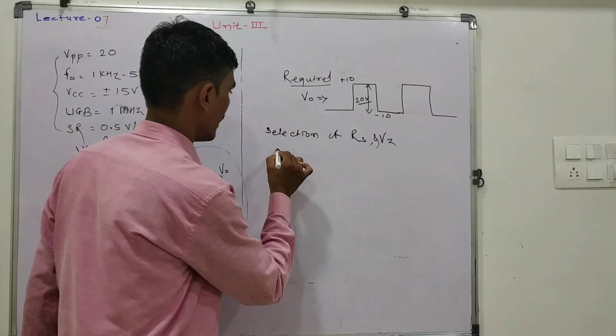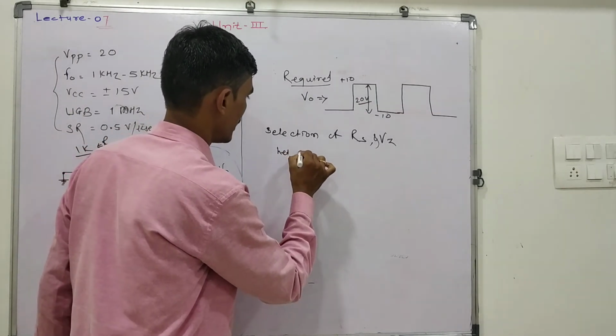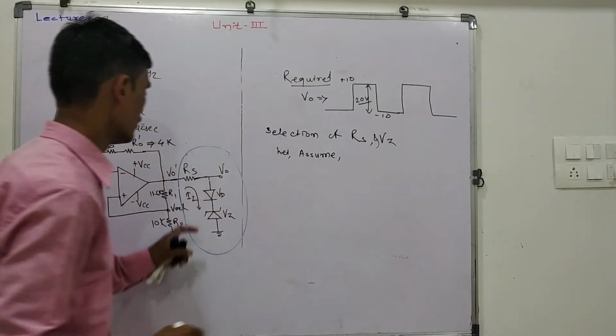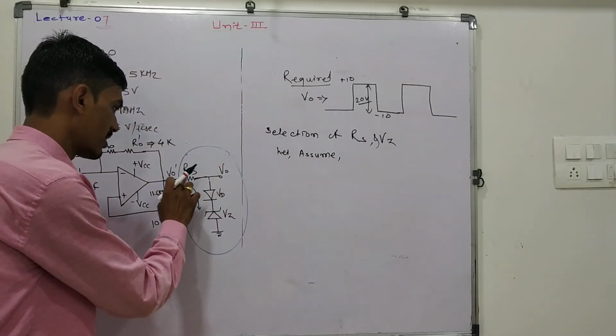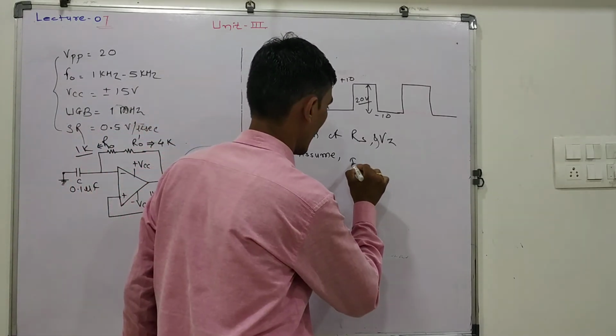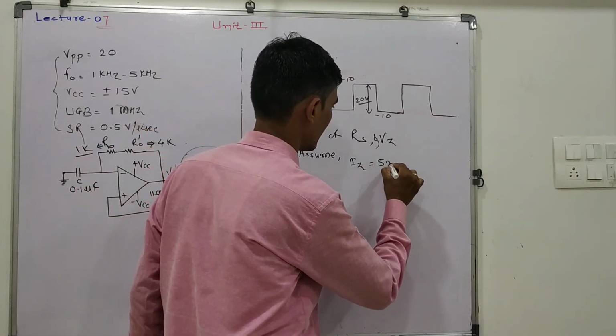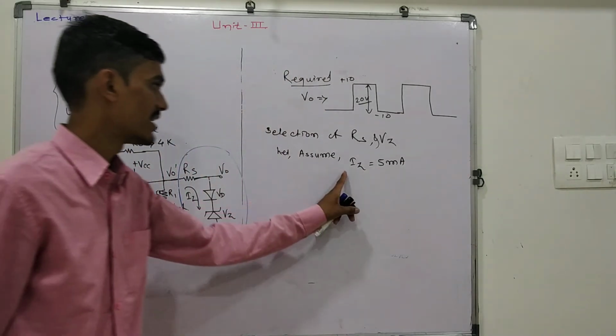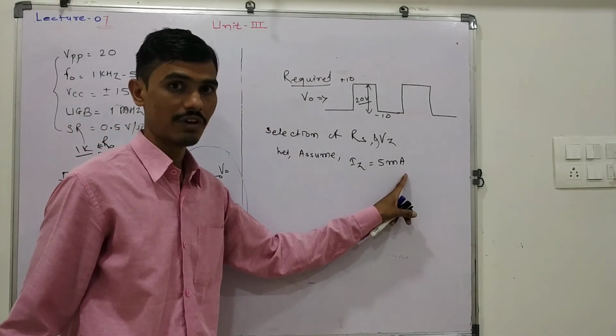Let us assume IZ is the current flowing through this series resistance to the Zener diode. Let us assume IZ to be 5 milliampere. That is, the Zener current is equal to 5 milliampere.